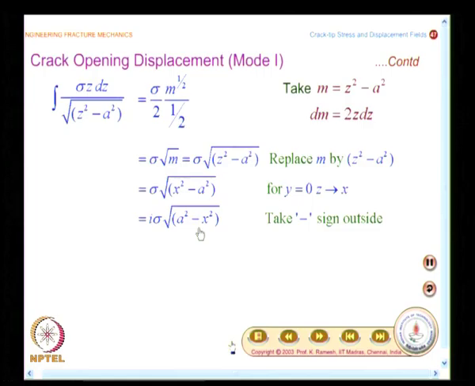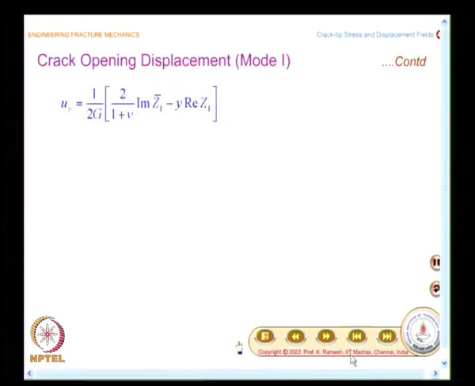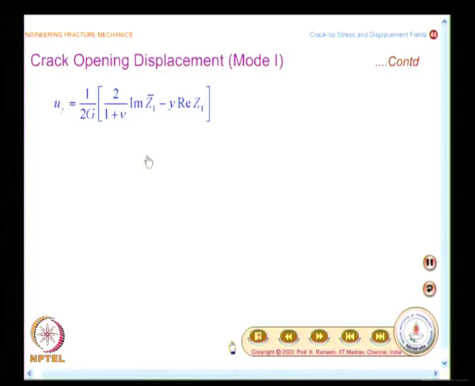I mean, this is deliberately done, because when you are looking at the displacement field equation, I am having the imaginary part of z1 bar. So, when I say imaginary part of z1 bar, I already have this. I will have to simply say this as sigma root of a squared minus x squared. And for your convenience, the expression for uy is given again. I have this as 1 by 2 g multiplied by 2 by 1 plus nu imaginary part of z1 bar.